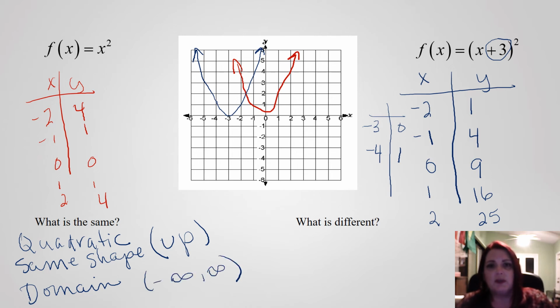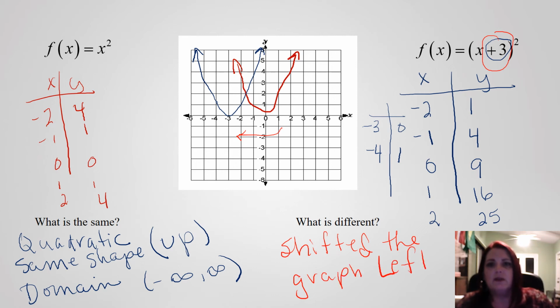So what's different? Well, what's different is that plus 3 here. Which way did we move that? We moved it to the left. So we shifted the graph left 3 units.